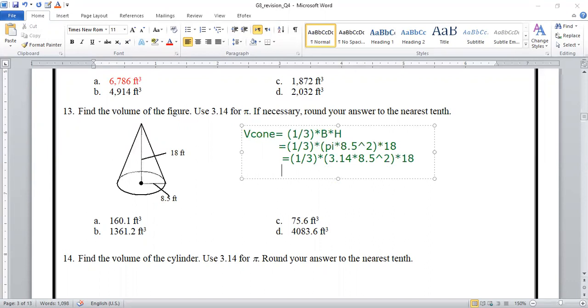So the volume equals 1,361.2 feet cubed. Okay, so the answer is number B.